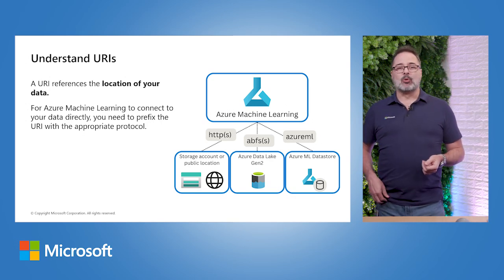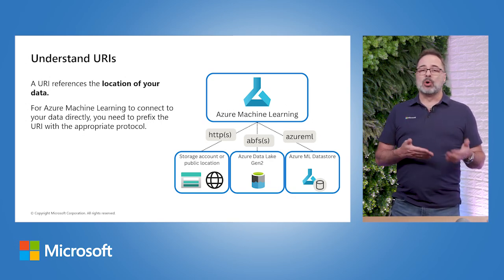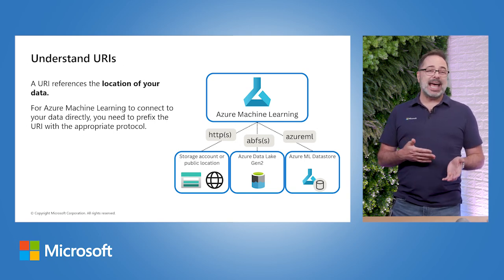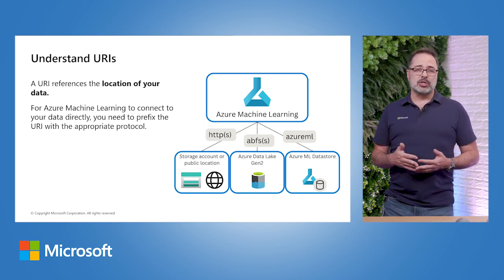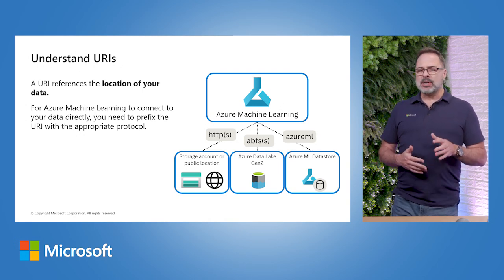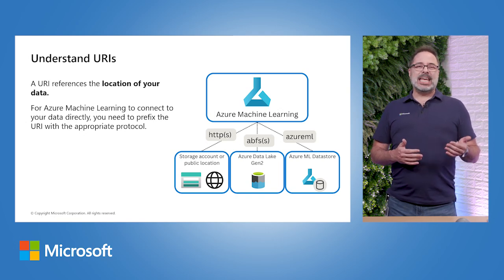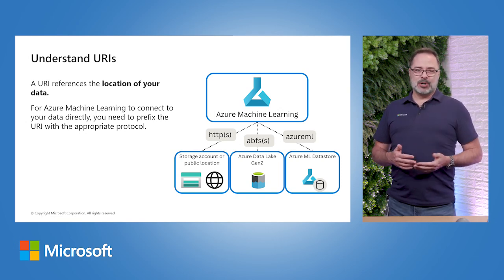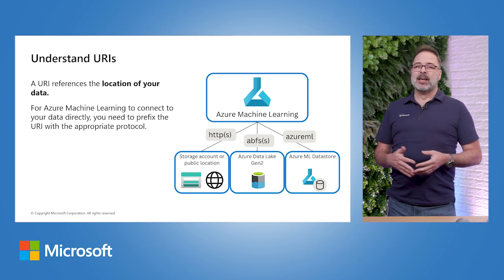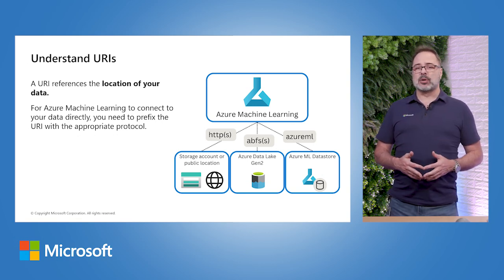URIs are references to the location of your data. This will always start with the protocol of the service that we're connecting to. For example, we would use HTTPS to connect to an Azure storage account, or maybe an external public location. When we're connecting to Azure Data Lake Storage, we would use the ABFSS protocol, which stands for Azure Blob File System Secure, which allows us to take advantage of the additional features of Azure Data Lake Storage.